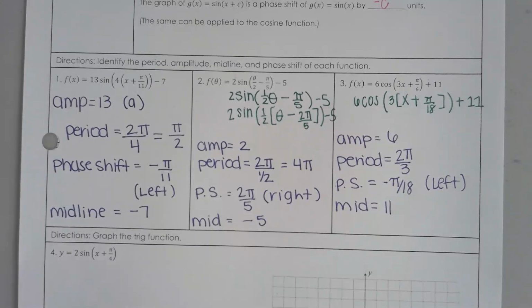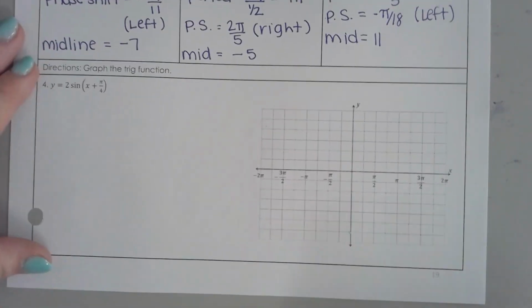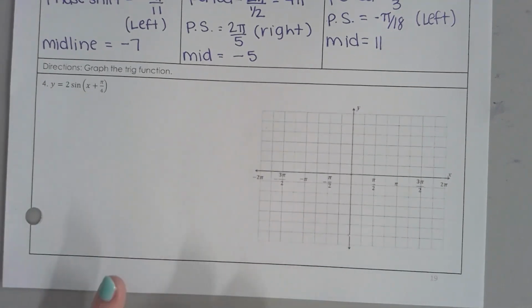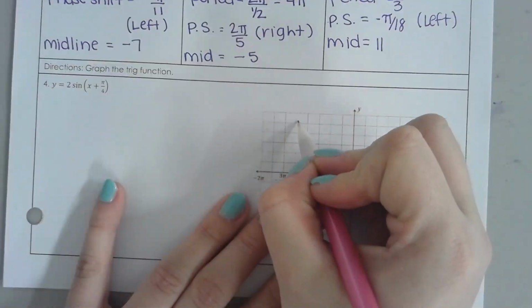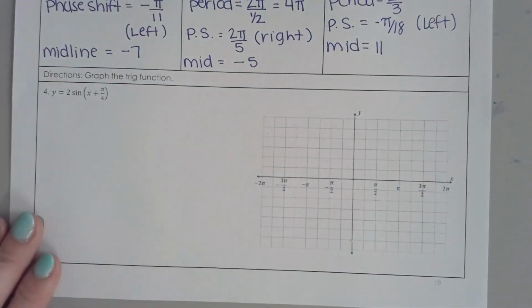I think that's the easiest way to do it. For the first one that I do, the original without the phase shift, I'm just going to make a little X where the points should be, and then we'll scoot it over. All right.